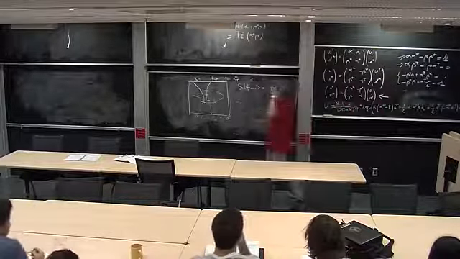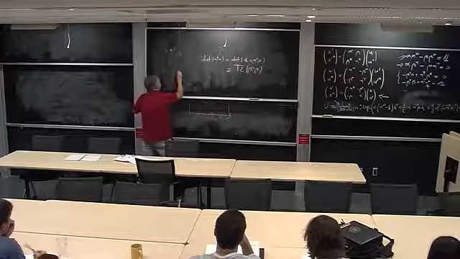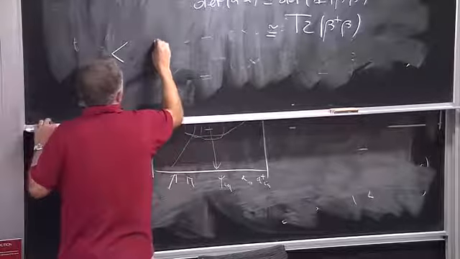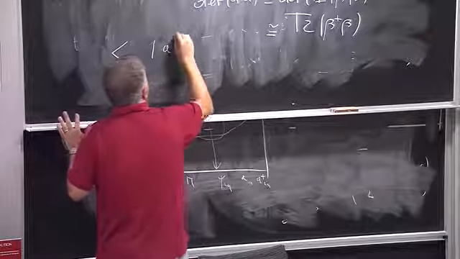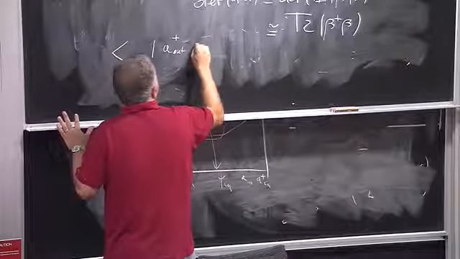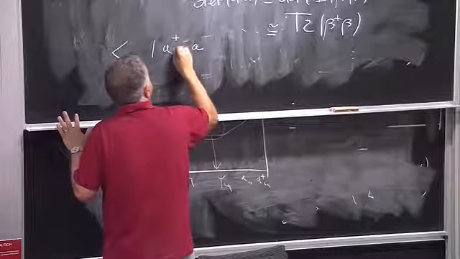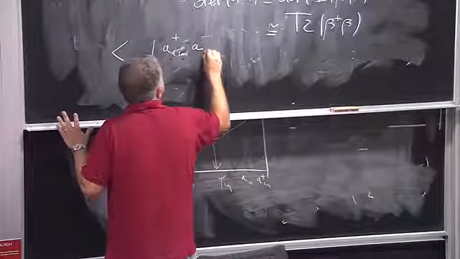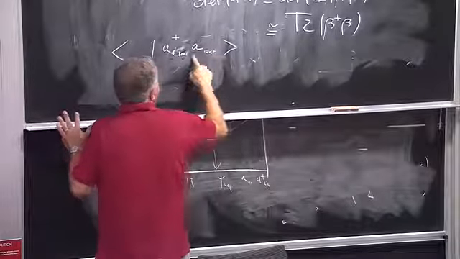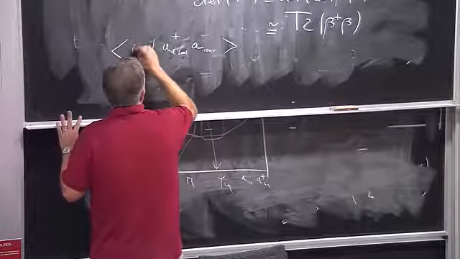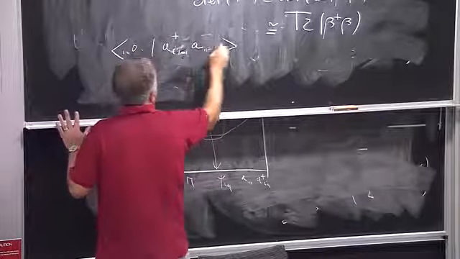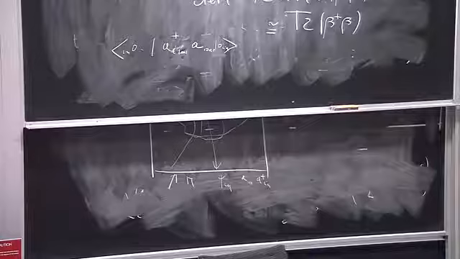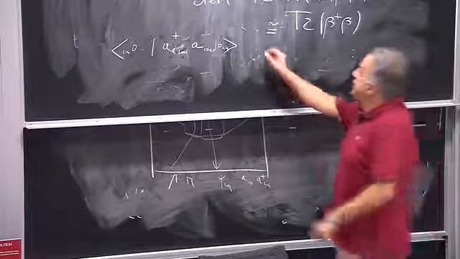So if you are going to compute the mean value of the out number operator, this is the number operator of the species of particles, and then you apply this transformation rule here, you see that this is precisely the trace.